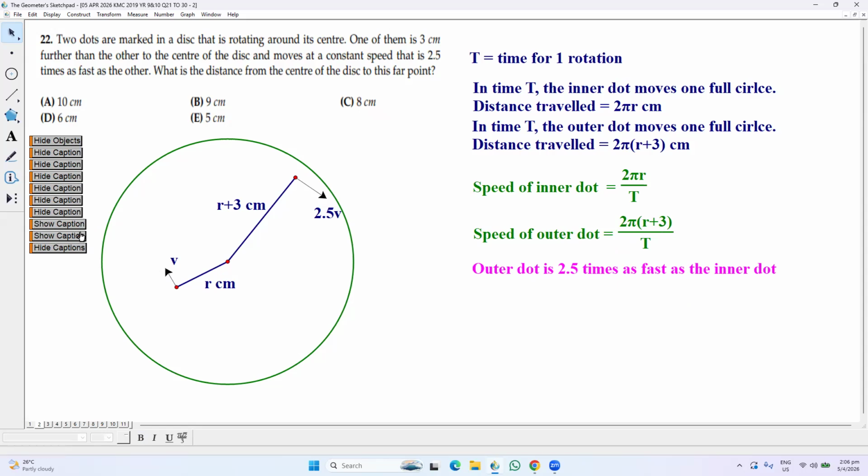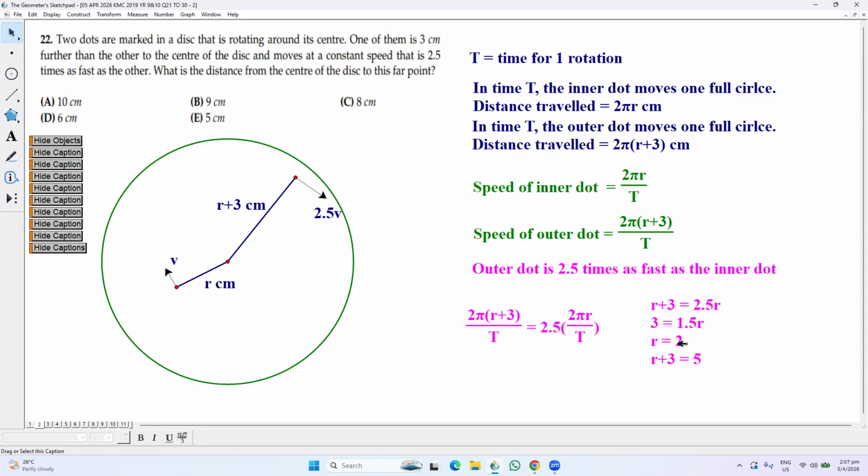So we can form the equation: 2 pi (R plus 3) over T is 2.5 times 2 pi R over T. 2 pi over T can cancel on either side. So we have R plus 3 equal to 2.5 R. Then we have 2.5 R minus R, 1.5 R, equal to 3.